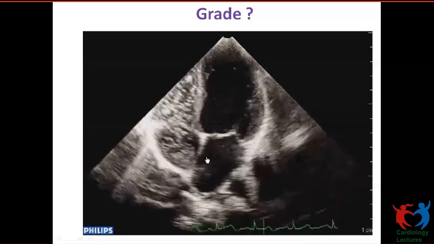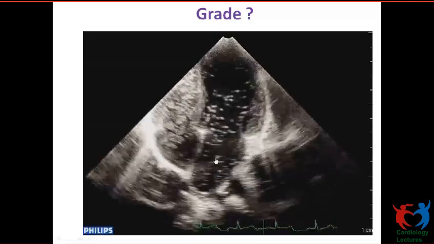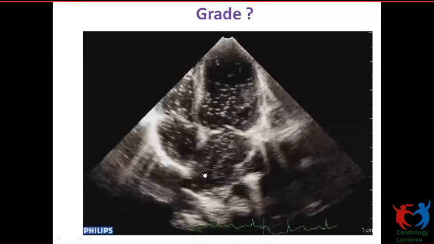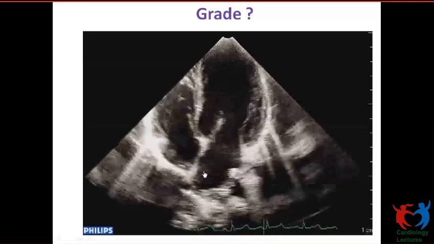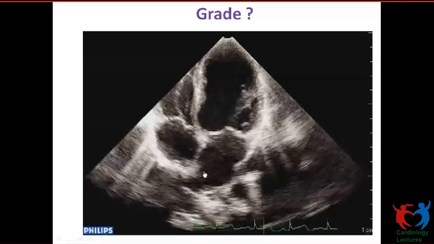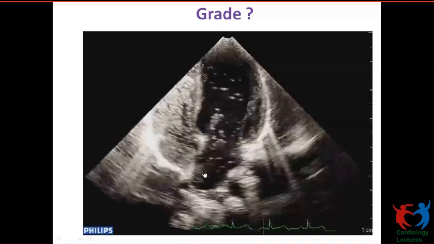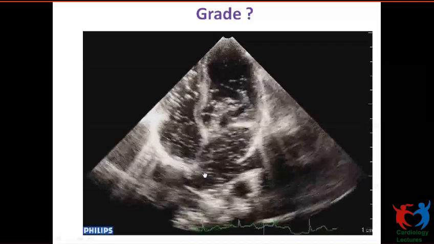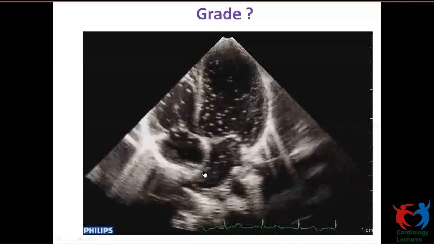It's not that easy to get such intense bubbles. This is the classical explanation, no? AV fistula takes 3 to 5 cycles. That is how you differentiate it from direct shunting from right to left.